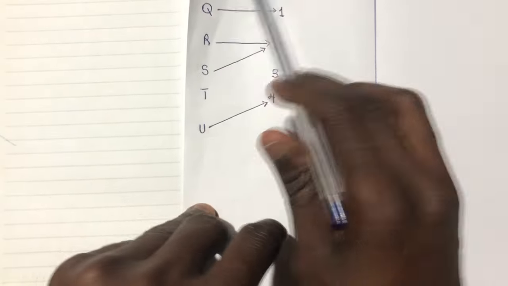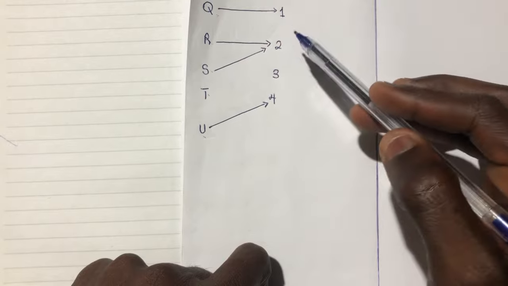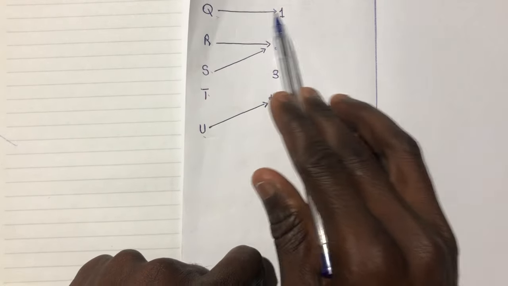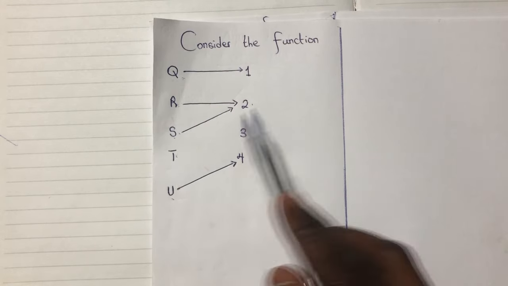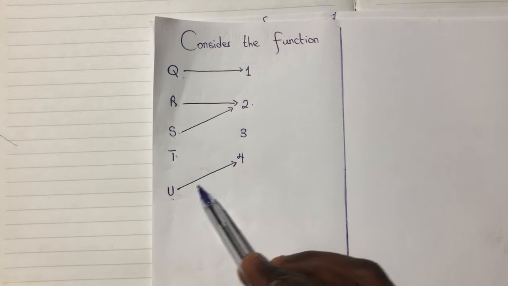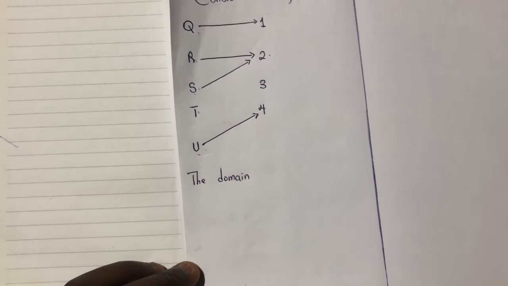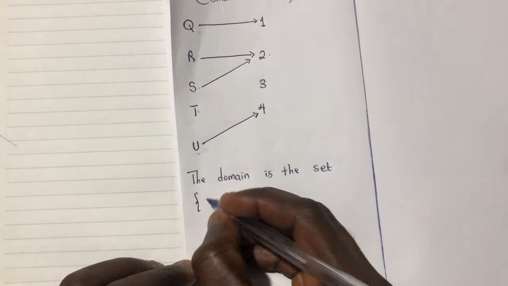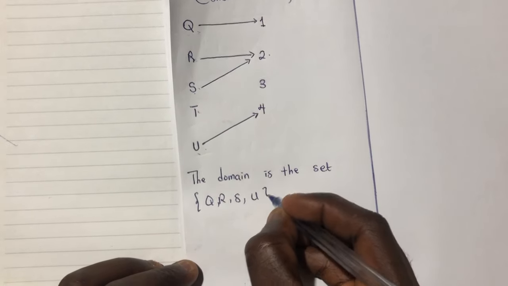So if we consider the function with q, r, s, t, u mapped to 1, 2, 3, 4, we know that q is mapped to 1, r is mapped to 2, s is mapped to 2, t has nothing, and u is mapped to what? 4. So the domain is the set q, r, s, u.